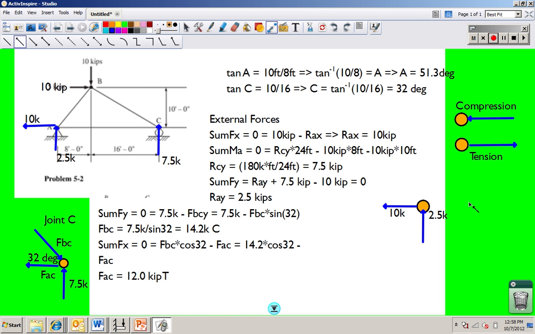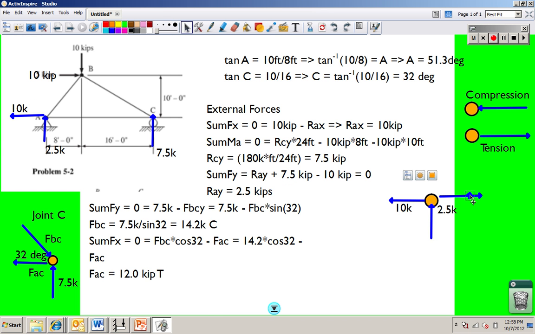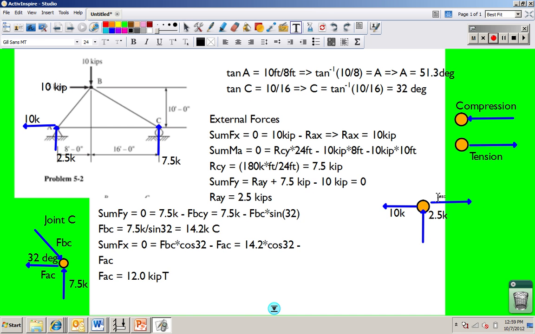So it needs to go away from the joint. Now I need to draw in FAB.